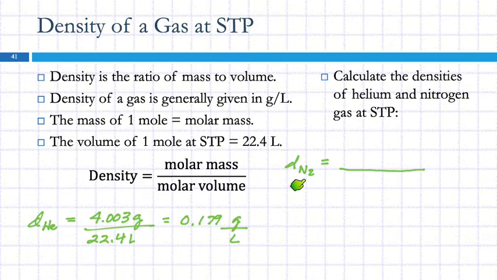But nitrogen is N2, so then the molar mass is 28.02 grams. And the volume is 22.4 liters. 1.25 grams per liter.